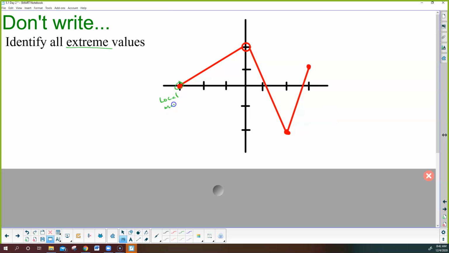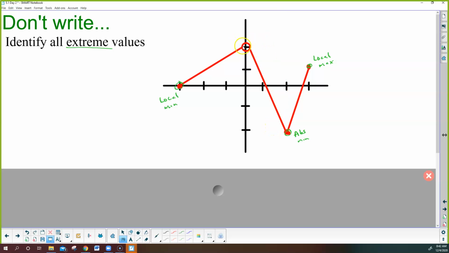It's a local minimum because it's the lowest of all the points around it. Then if I go here, this one is the absolute lowest point on the graph. So that's an absolute min. If I look at this endpoint, it's not the highest, it's not the lowest, but of all the points near it, it's a local max.